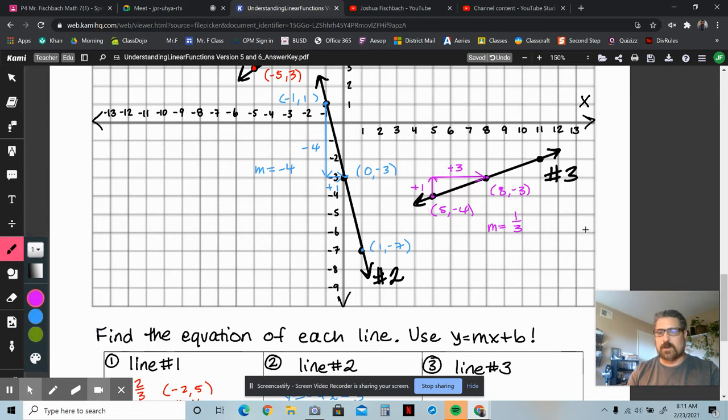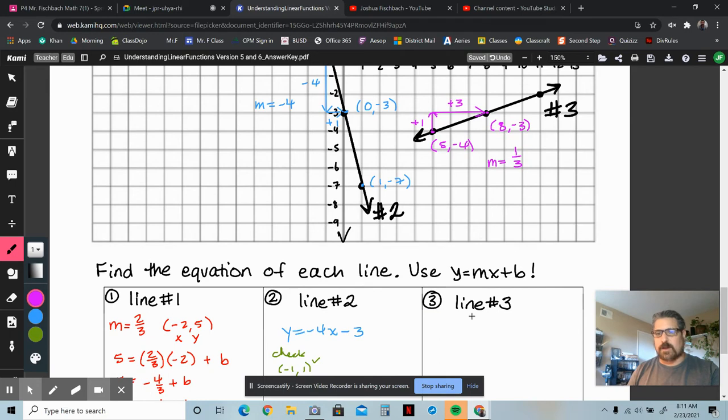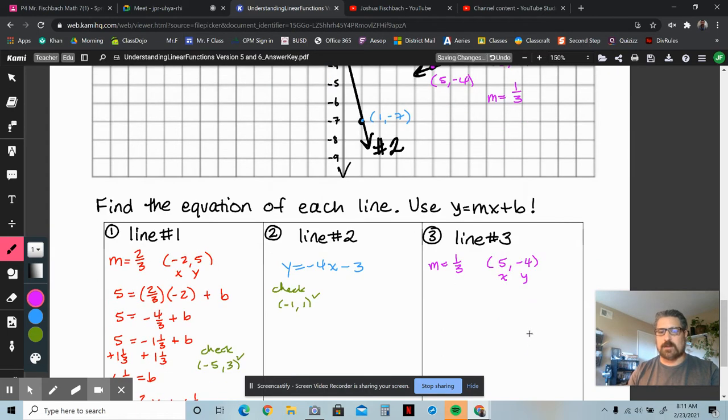So to find the equation for this line, because we don't have the y-intercept, we're going to use the process here where we have the slope, which is 1/3. We have one of the ordered pairs, which is 5, negative 4, let's say. So we have an x and a y and an m. We got to find the b. So let's plug into y equals mx plus b and find the missing value. So in this case, it's going to be y, negative 4, is equal to m, 1/3, times x, 5, plus whatever the y-intercept is, b.